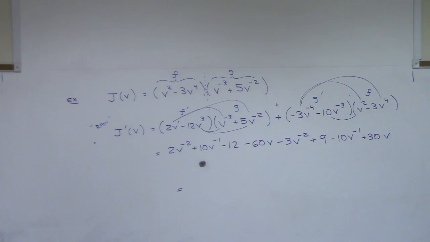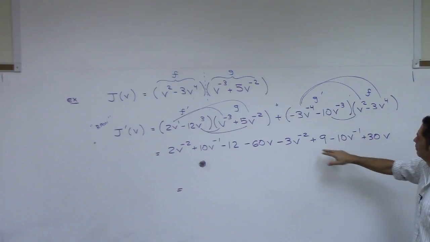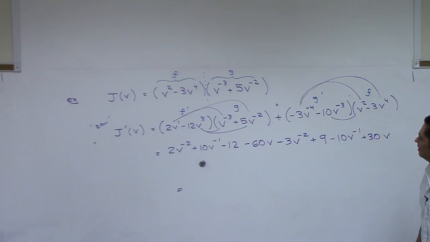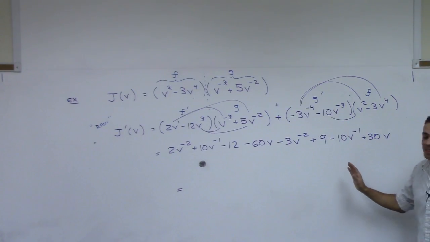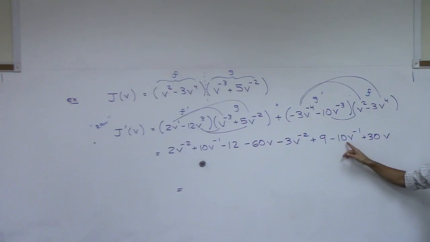Yes? After we FOILed that out right there, you had a plus sign in between those two. Where? The plus sign in the middle of the whole term, above that one. Look in the very middle, there's a plus sign. Wait, hold on. There's too many people talking. Wouldn't that positive factor into that second term? No, it doesn't factor right now.